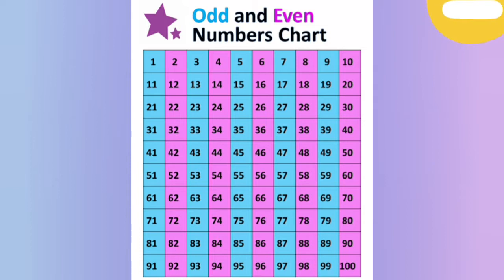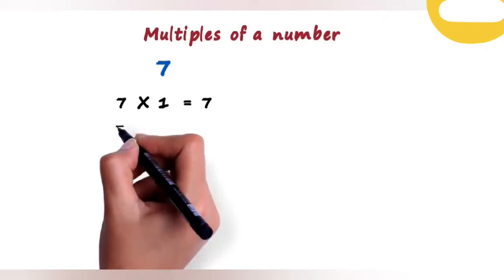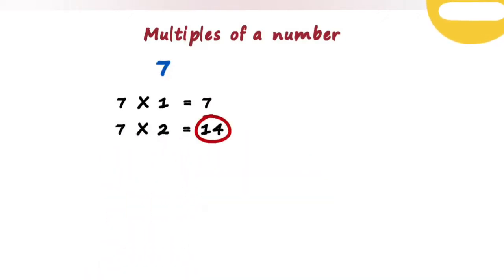Yes. Okay, students, now I will show one video. Just watch this video, okay? Say we have a number 7. What are its multiples? How many multiples does it have? 7 multiplied by 1 is 7. This 7 is one of the multiples of 7. 7 multiplied by 2 is 14. 14 is another multiple of 7. The word says it all, a multiple.